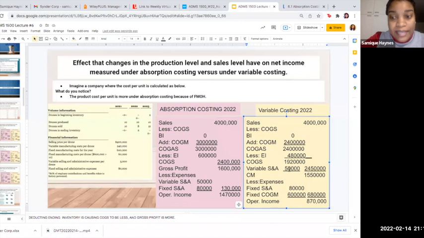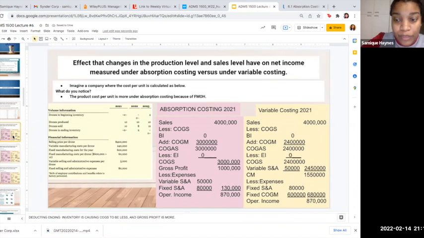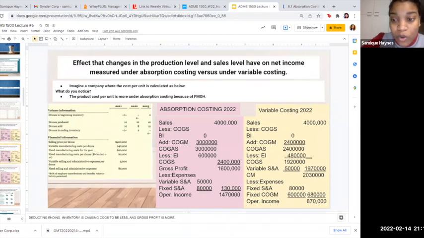Plus our variable selling and admin, which is 50,000, gives us 1,970,000. Our contribution margin is now 2,030,000. So let's go back up. Up here, without ending inventory, our cost of goods sold is 2,400,000. What happened to our cost of goods sold down here?